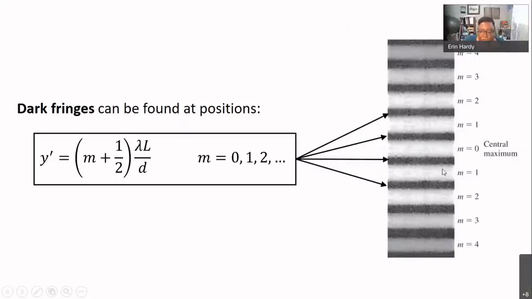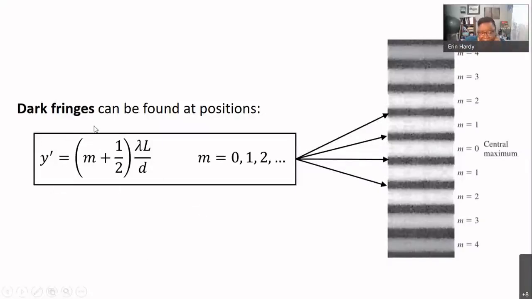But for m is equal to 1, the dark fringe, y sub 1 prime, is the location of this fringe that's in between 0 and 1. And m is equal to 2 would tell us where the dark fringe that's between 1 and 2 is. So m is equal to 9 would give us the location of the dark fringe between 8 and 9. That's how that works.